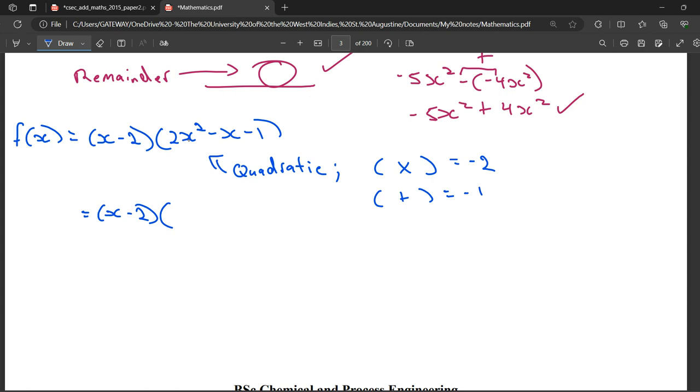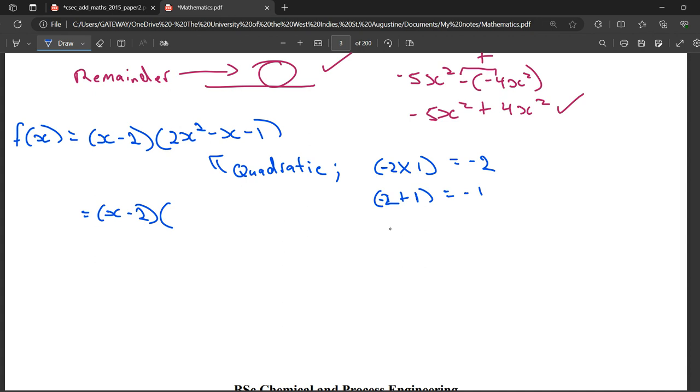So that is of the form ax squared plus bx plus c. Actually, it could be negative 2 plus 1, and negative 2 times 1 will give you negative 2.